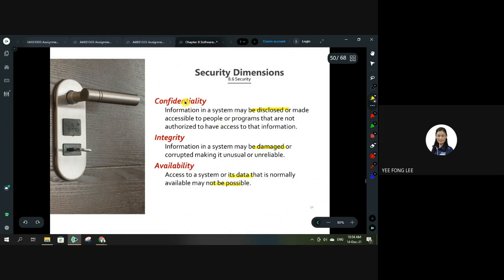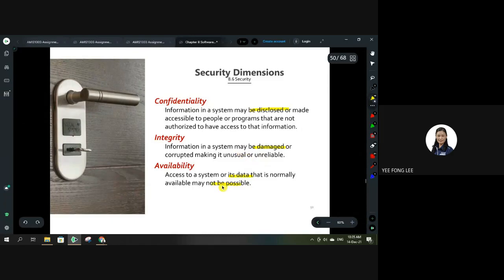Examples of a confidentiality problem: theft of credit card data from an e-commerce system, where private and sensitive data is disclosed to another unauthorized party. How about integrity? An example is malware that deletes or alters data, or maybe man in the middle, which alters data in transit.